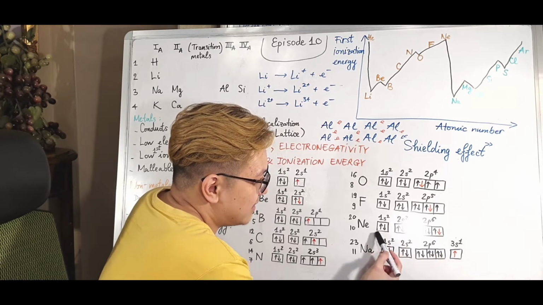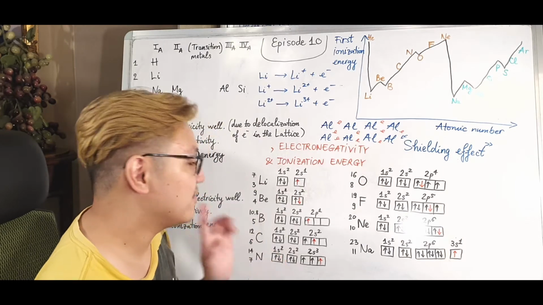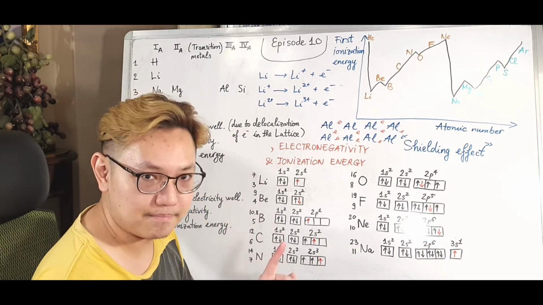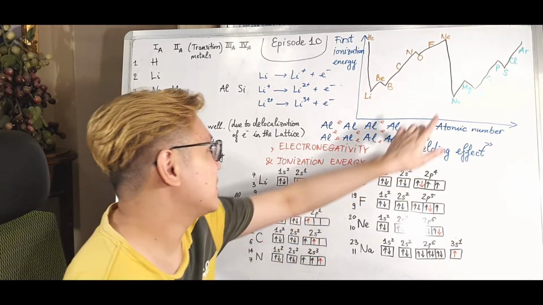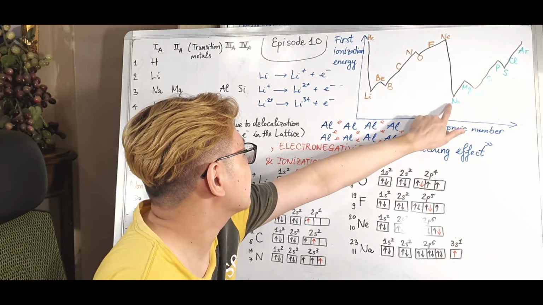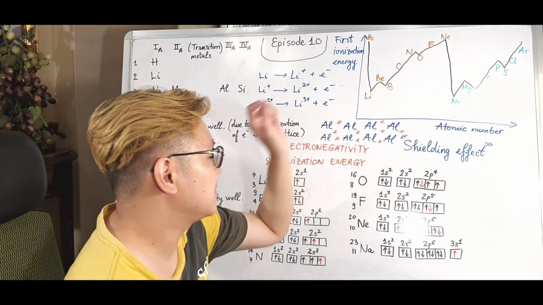It's more stable like this compared to this one, right? So that's why it's very easy for sodium to give up this electron. Very easy to give up. So that's why the first ionization energy of sodium is even lower than lithium.